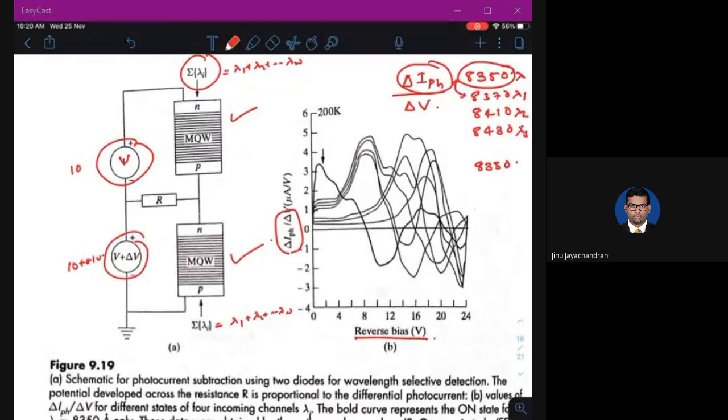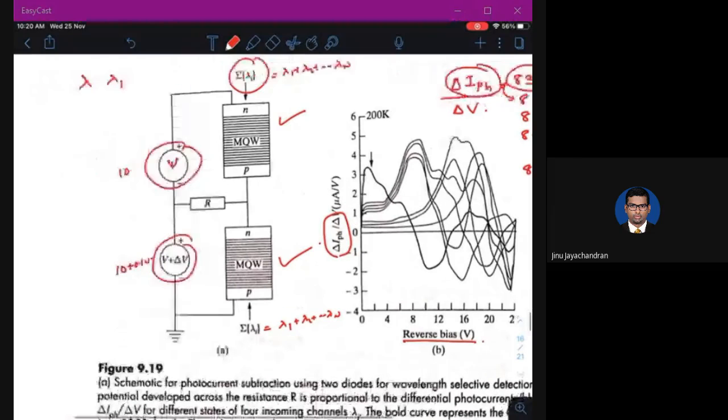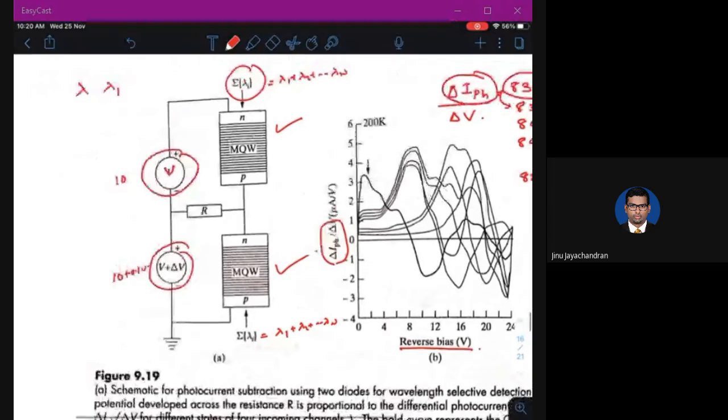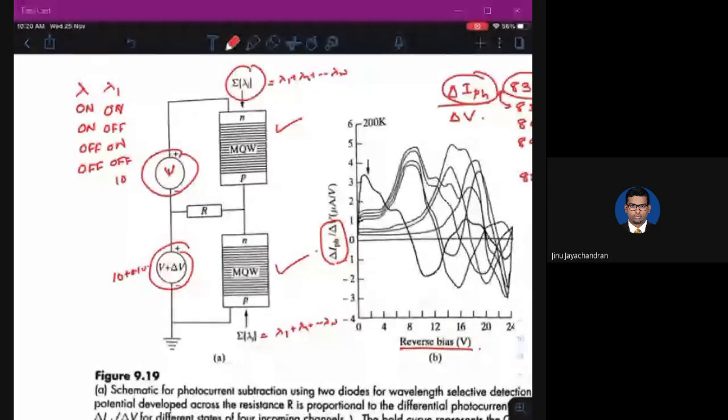If I take any two combinations, lambda and lambda 1, I can have on, on, on, off, off, on, off, off. Okay, so you take any two lambda and you find out all these states. Okay, and you find out at each of the states what is the ratio delta I by delta V.